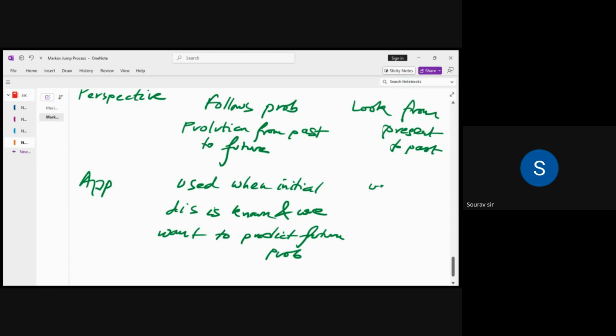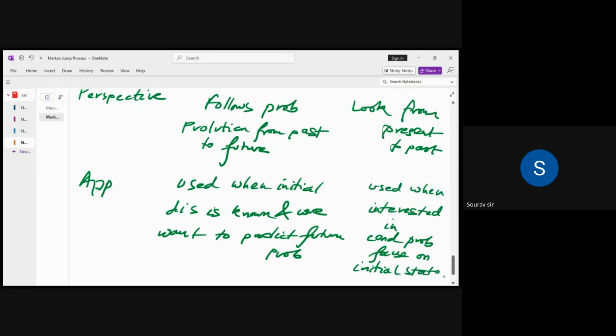The backward equation is used when we are interested in conditional probability, focusing on initial states.